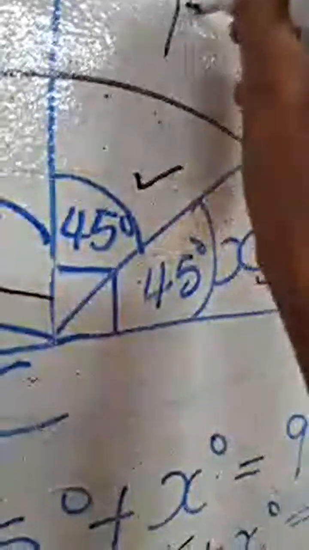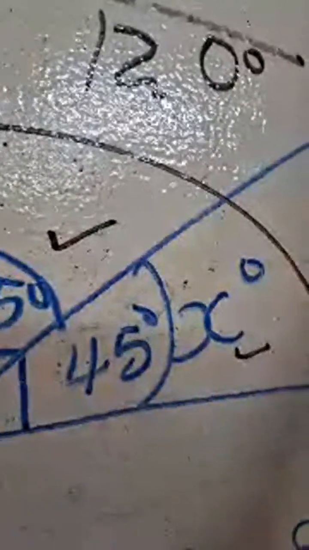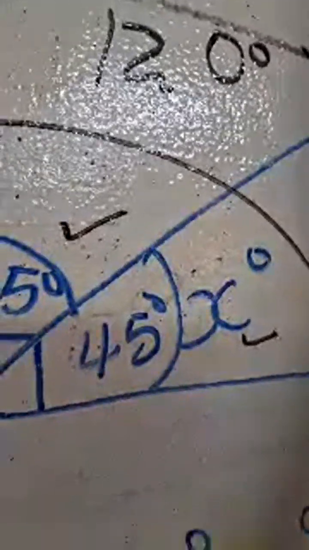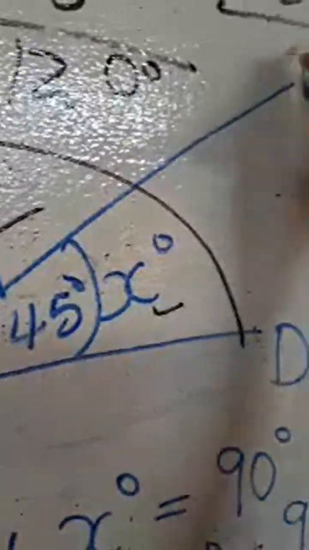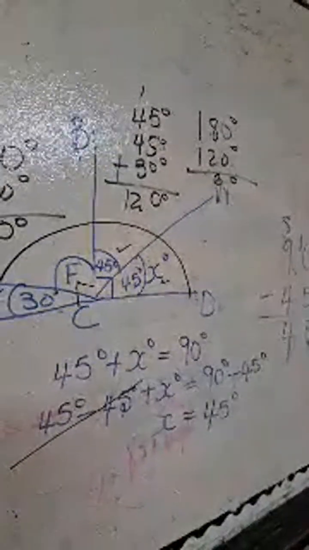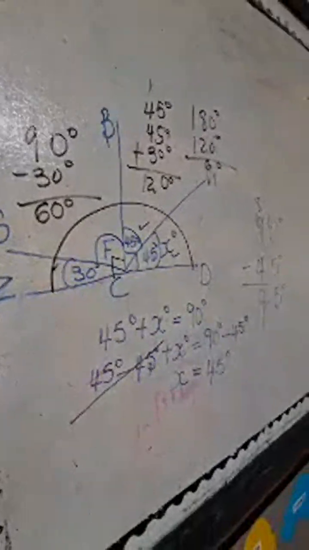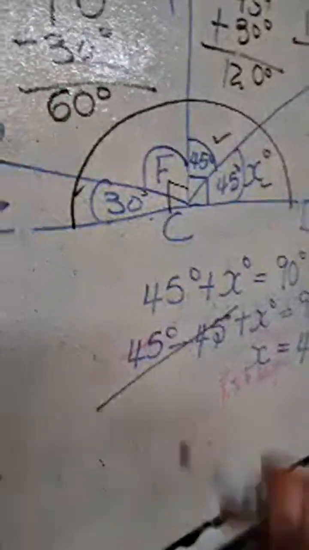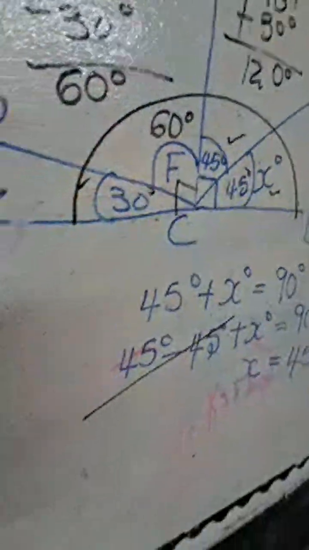So we put the 120. Now we're going to take 120 from 180, and let's see if we end up with the same 60. So you realize, anyhow we work it, we end up with the same answer. Angle F is 60 degrees.